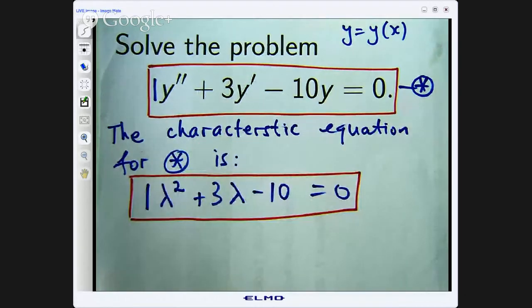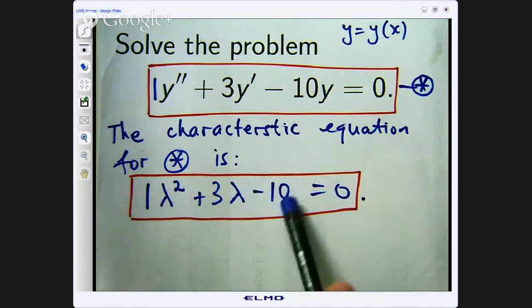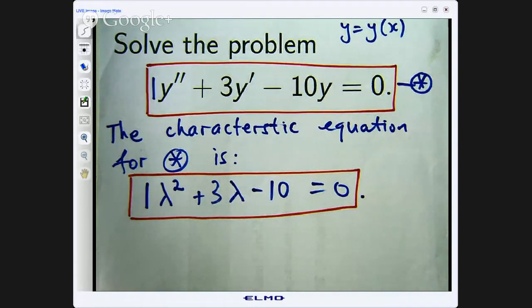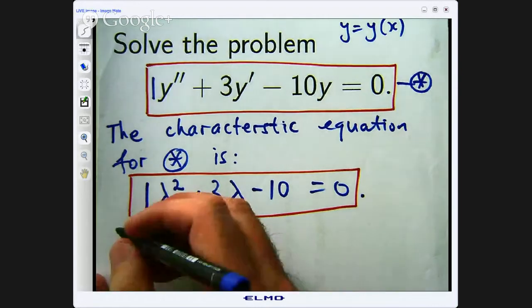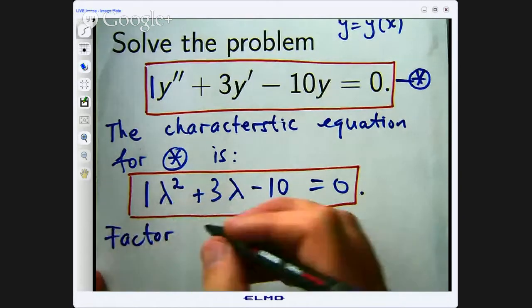Now, again, like any quadratic equation, we want to solve this for the unknown value lambda. You can solve this a variety of ways. You can use the quadratic formula, you can factorize. In this particular example, we can factorize. We want two numbers that multiply to give negative 10 and add to give positive 3. So 5 and negative 2 will give us the factorization.